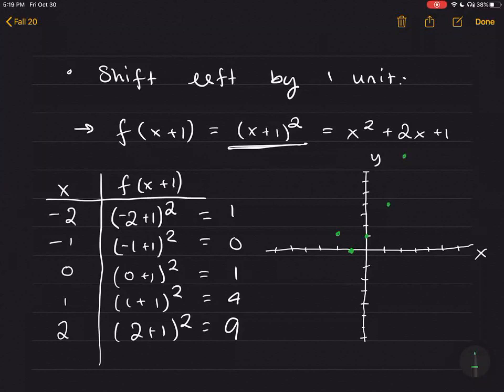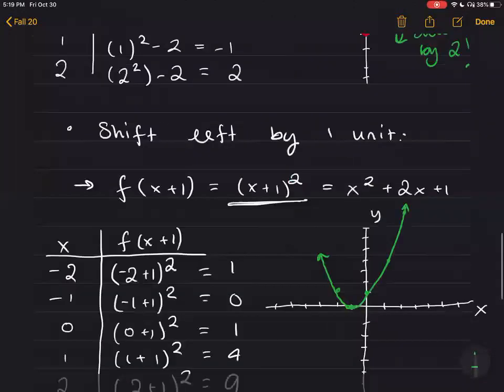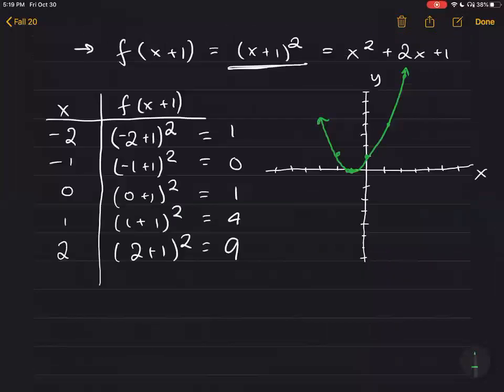And so if we connect these dots like so, we get a parabola. And that's good because we see it is shifted over to the left by 1 unit. So if we go back up here to our original graph, its vertex is at the origin, right? And if we move it over 1, we get this one. So that's good. Left by 1 unit.